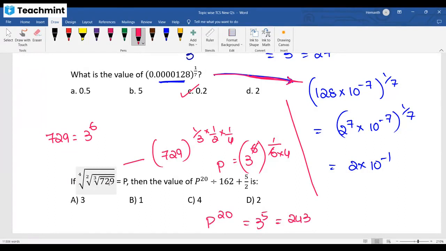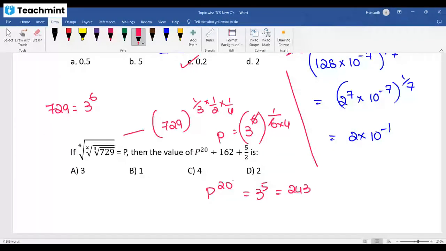Right? Okay, we got 243 divided by 162. Fine. So 81, 2 times, 81, 3 times. 3 by 2 plus 5 by 2 will get exactly good. As per the question, we need to calculate P power 20 divided by 162 plus 5 by 2.